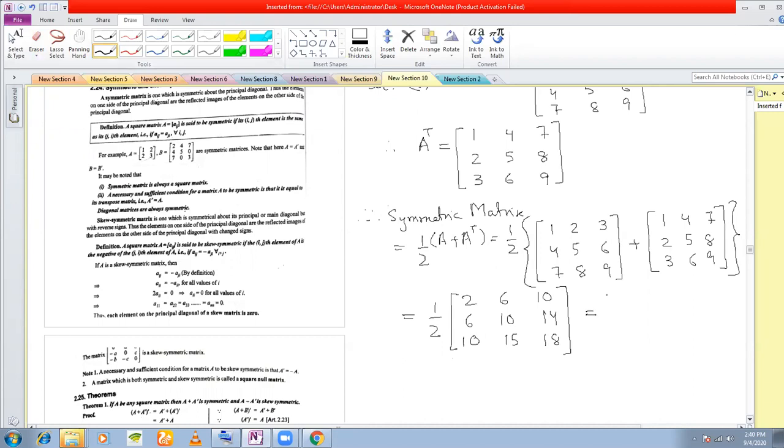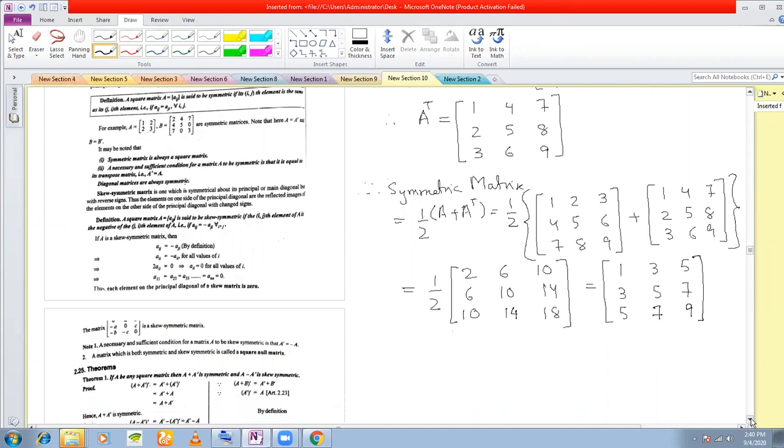So therefore, if you multiply half with all the elements of the matrix, you get 1, 3, 5, 3, 5, 7, 5, 7, 9. So half of A plus A transpose, we have got the symmetric matrix.